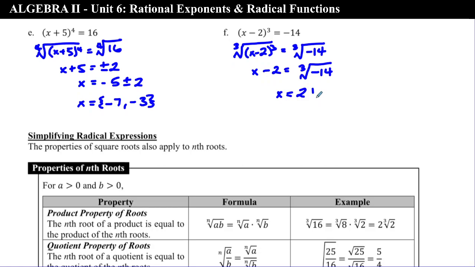So we've got 2 plus the cube root of negative 14. You notice this is not a plus or minus because this is not an even power. It's an odd power. So you're just adding 2 to each side. This is your exact answer. Your approximate answer is going to be x equals negative 0.41.